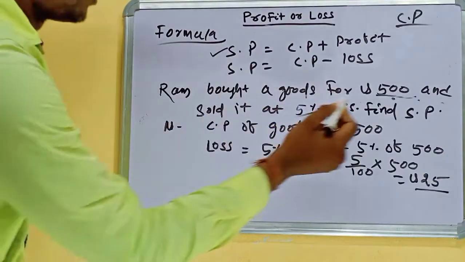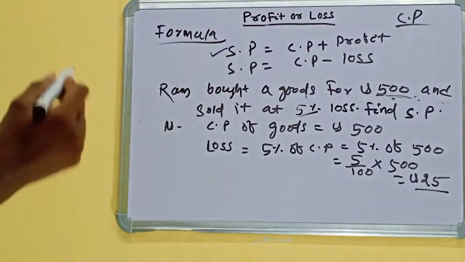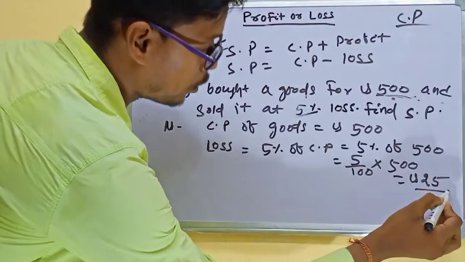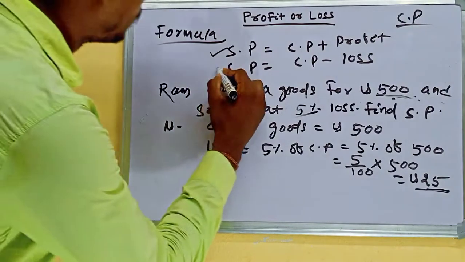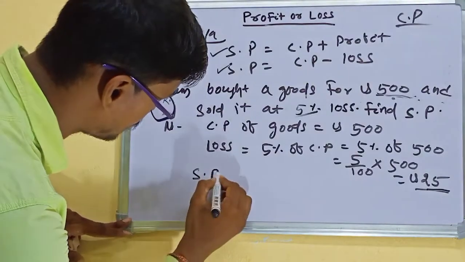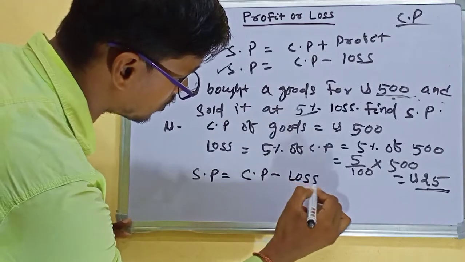Ram bought goods for rupees 500 and sold it at a loss of rupees 25. Then how to find out the selling price of goods? Here we use this formula: SP is equal to CP minus loss.